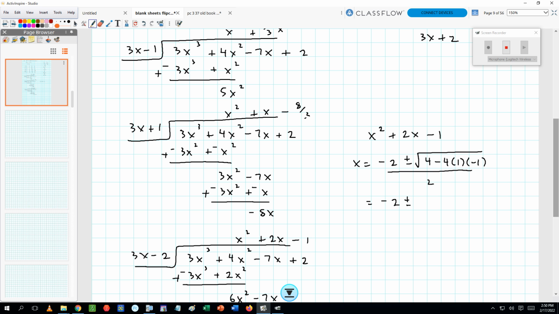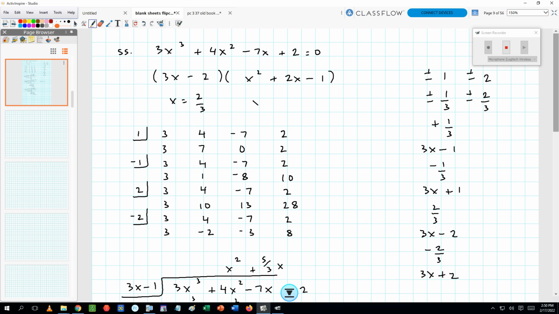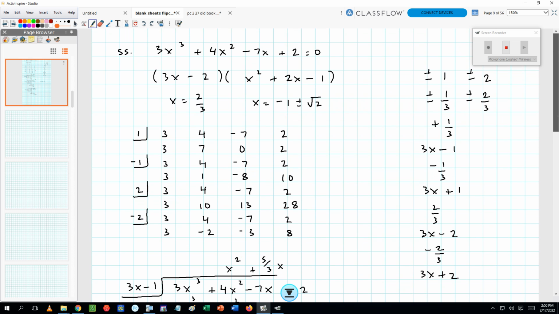Let's see, that will be positive 8. And that will give me negative 2 plus or minus 2 square roots of 2. And I can cancel out a 2: negative 1 plus or minus radical 2. Was that right? Yes. And there you go.